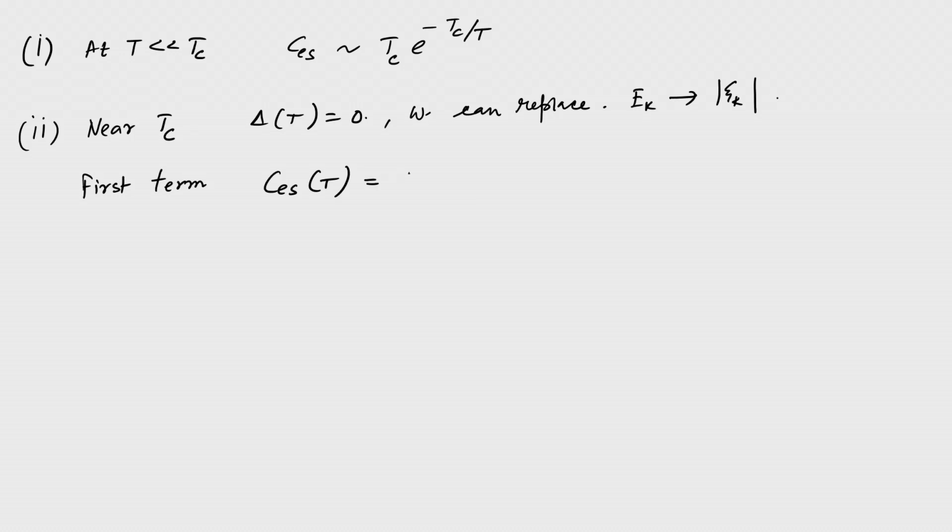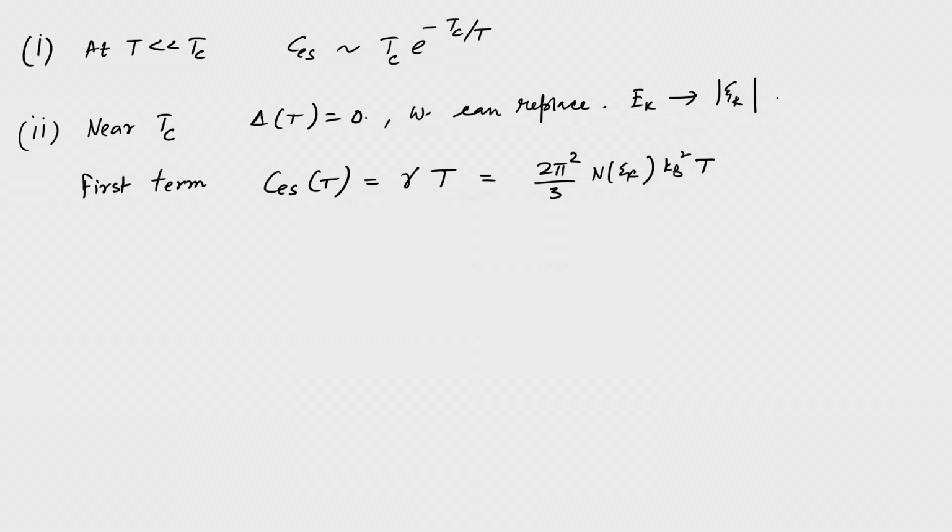The second term of course has a value, and this is equal to 2 pi square by 3 N E F and a k square T. Okay. So, that is a linear contribution to the specific heat, which we are very well exposed to in the context of the metallic specific heat.